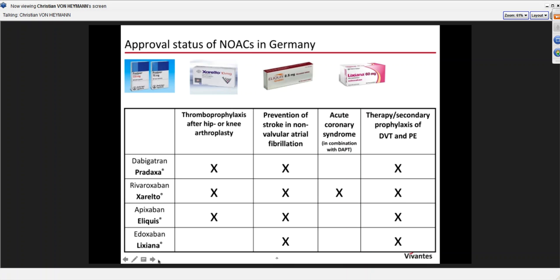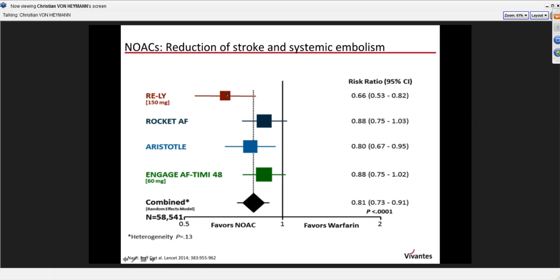So I will now go on, and this is based on 4 approval studies that are summarized here in terms of whether they were better at reducing stroke or systemic embolism compared to warfarin. What you see here is for the different drugs. This is for Pradaxa, this is for rivaroxaban, this is for apixaban, and this is the data for edoxaban.